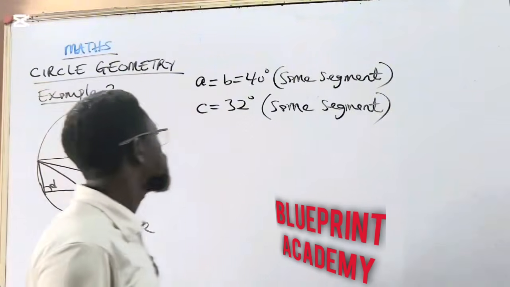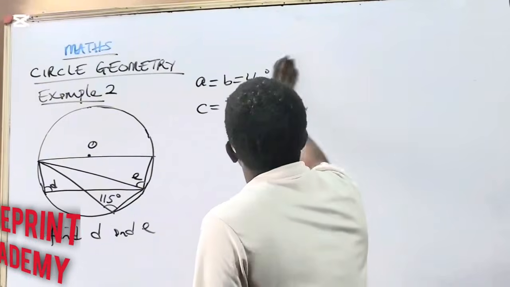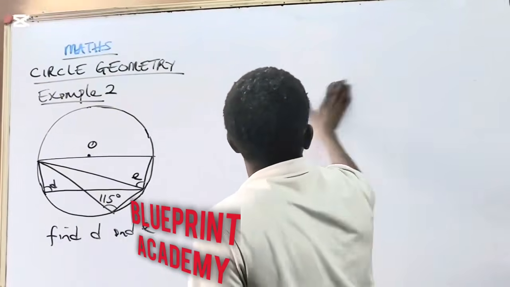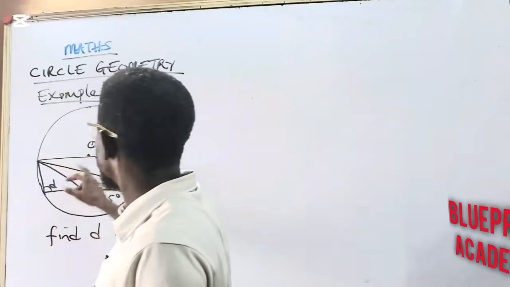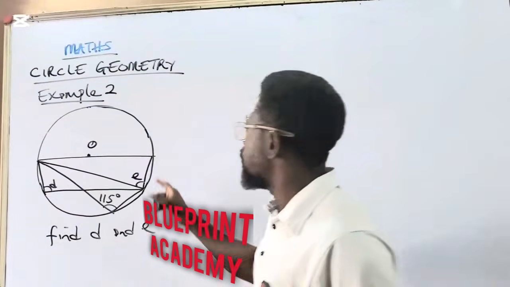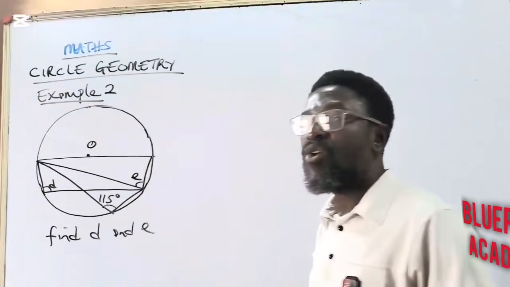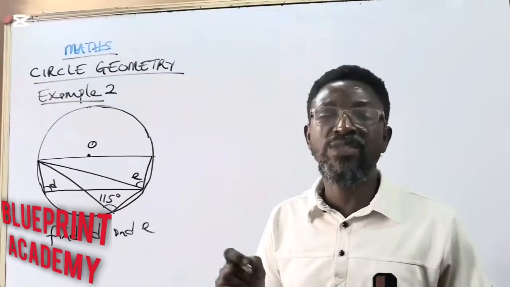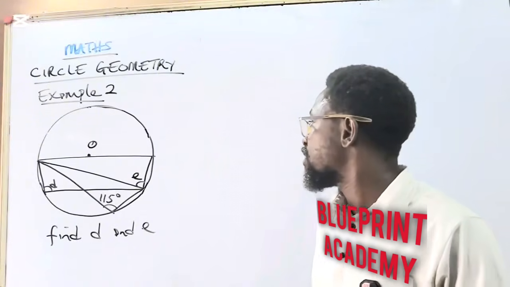Now look at that figure. First of all, you see that this is a semicircle, and this is the center of the circle represented with O. Since that is a semicircle, this first triangle here, remember we said angle in a semicircle is a right angle.